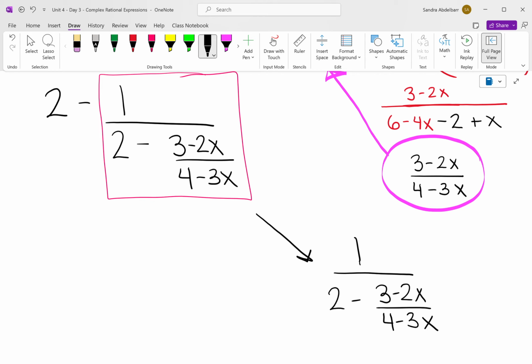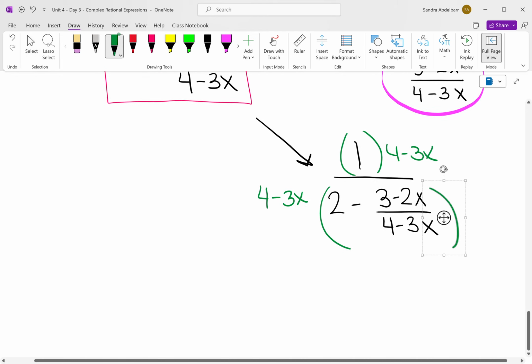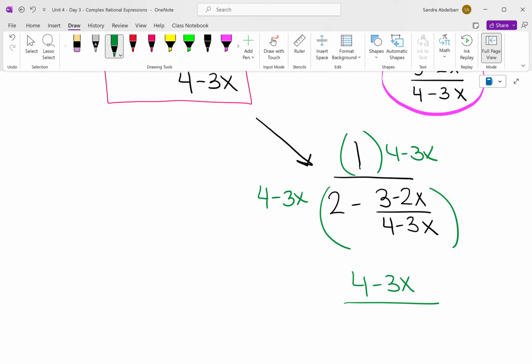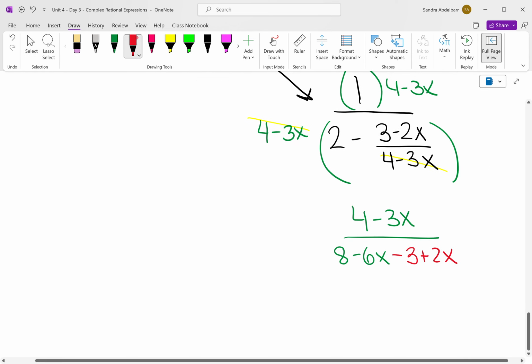What am I going to multiply top and bottom by this time? 4 minus 3x. You got it, 4 minus 3x. So much work. So now this time we're going to get 4 minus 3x over, I'm going to distribute in that too, 8 minus 6x. But now, once again, those 4 minus 3x's cancel, so I have to distribute in that negative.